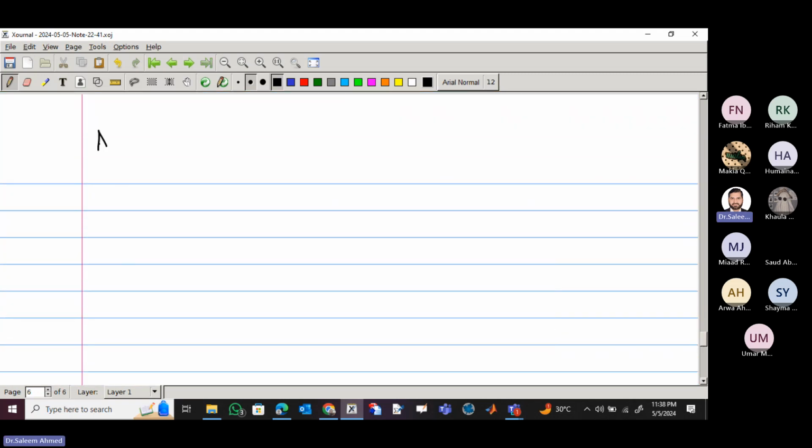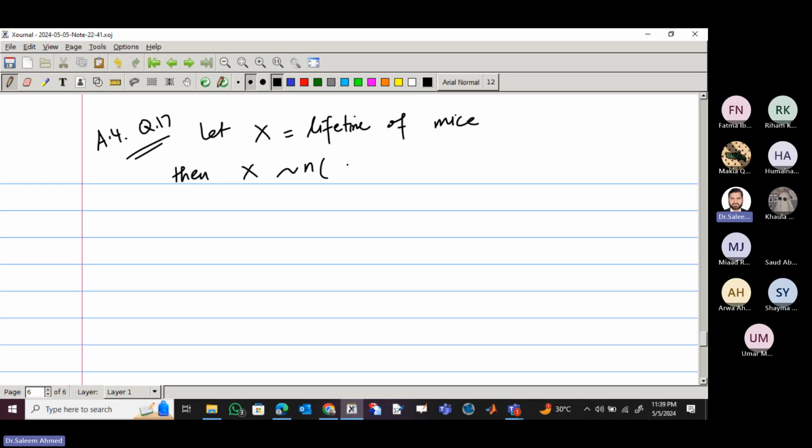So I was doing A4 question 17. We said let X be the lifetime of mice, right? So they said in the question, X is normally distributed with mean mu and variance sigma squared, where the mice's average lifetime was given as 40 months and sigma was given as 6.3.